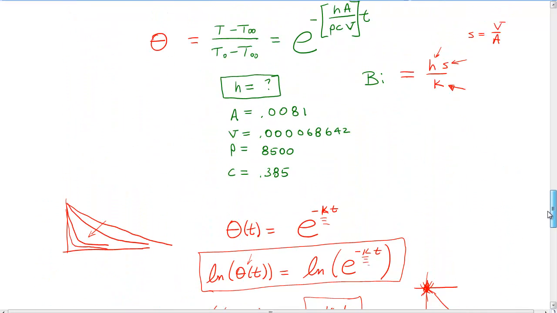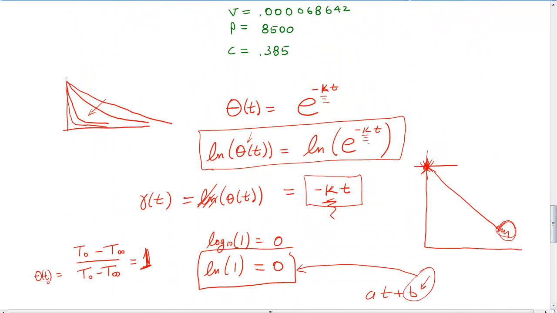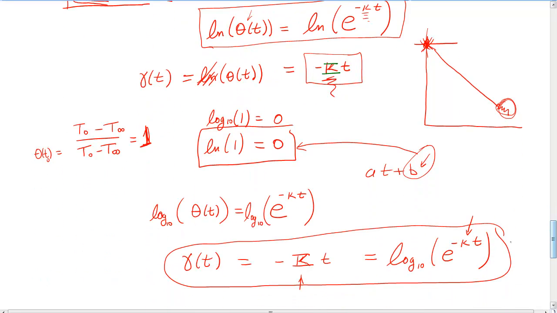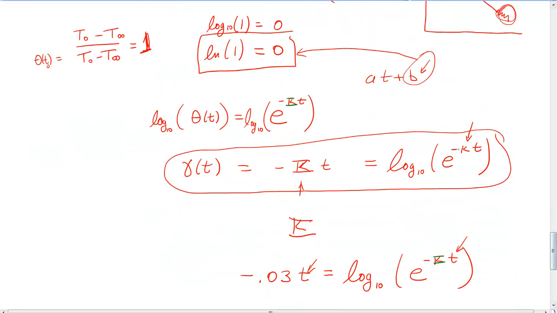So don't get this term confused with the conductivity. It is not the conductivity. And this one will make different than that one because it has to do with the fact that you're doing a base 10 log of that.